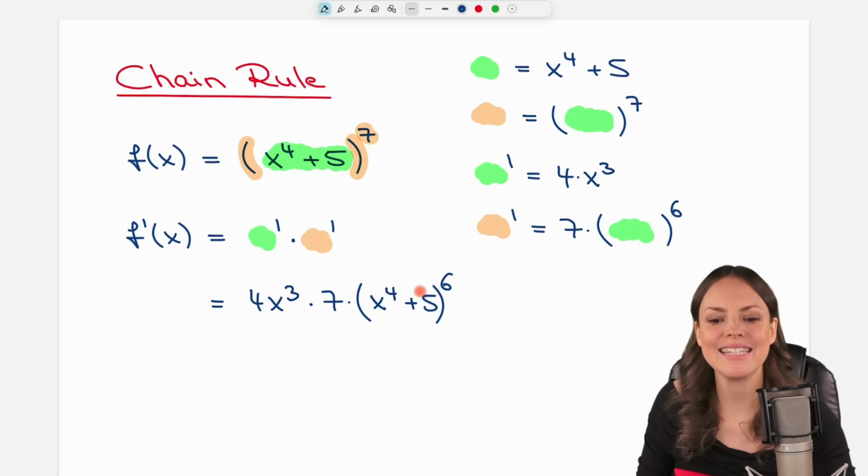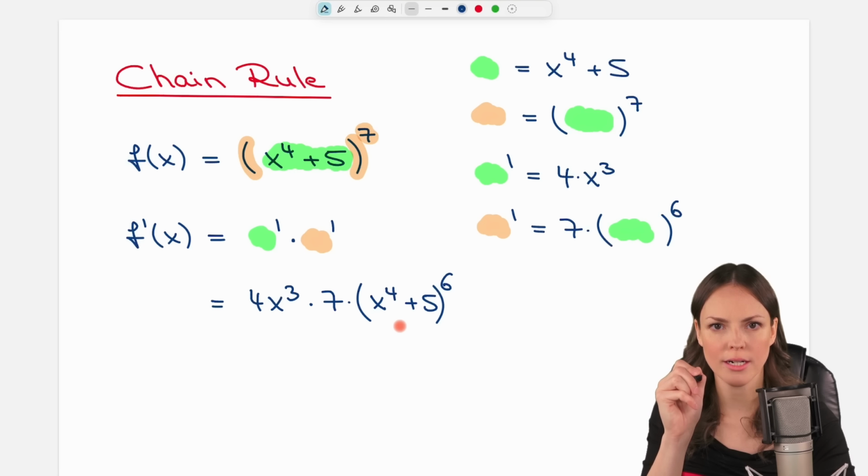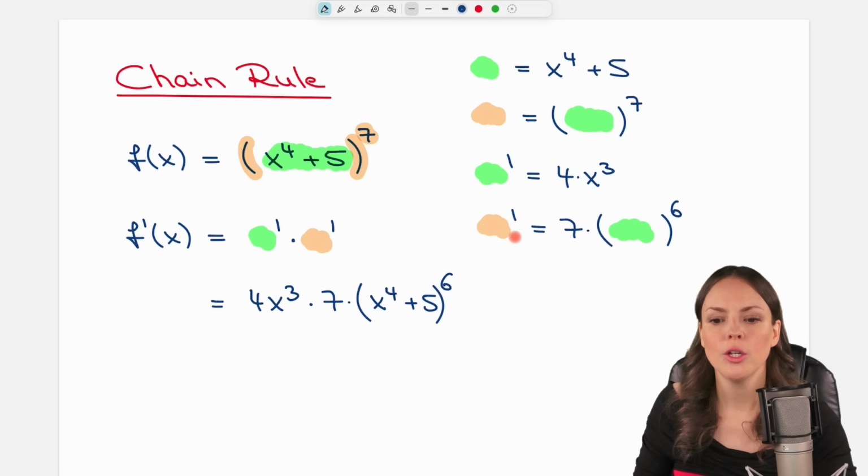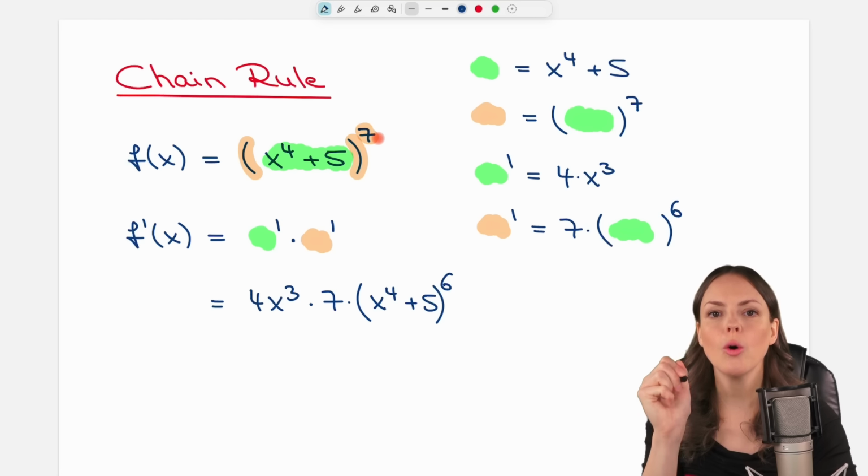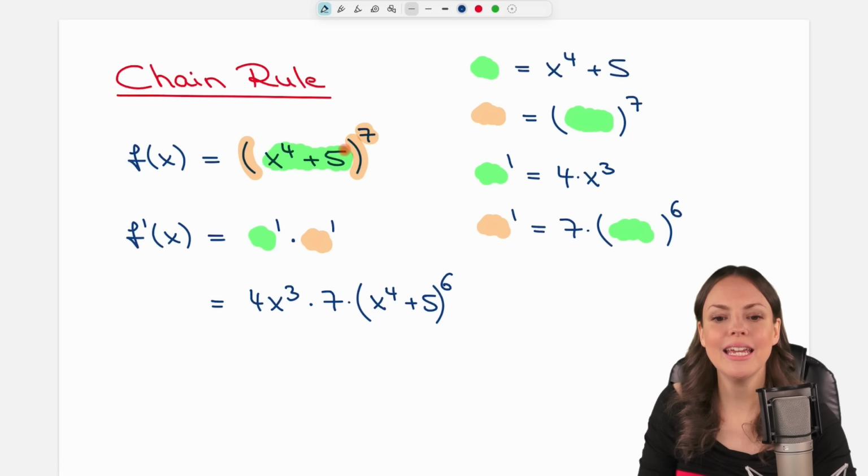We don't change what is inside. So that is important. Every time you find the derivative of the orange part, so if you want to find the derivative of the outer function, you don't touch and don't change the inner function at all.